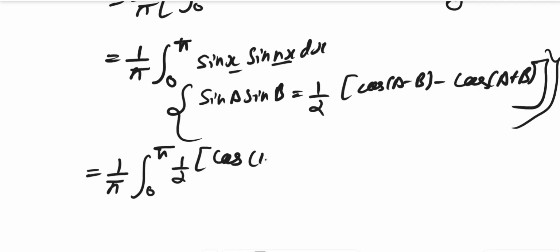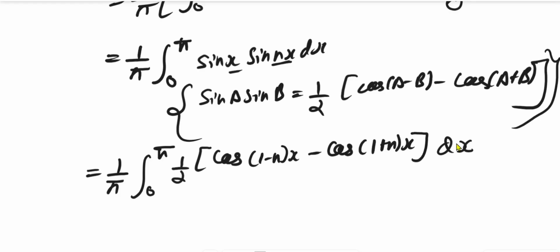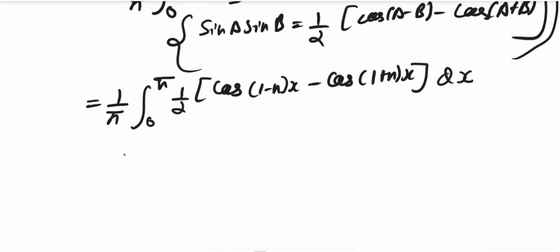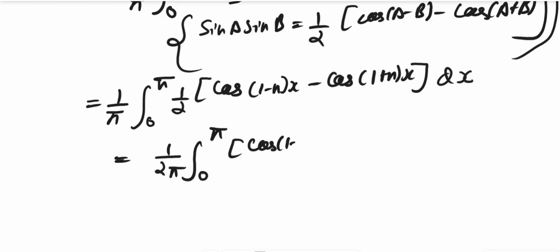So it is (1 minus n), take x outside, minus cos of (a plus b), that is (1 plus n)x, and dx.